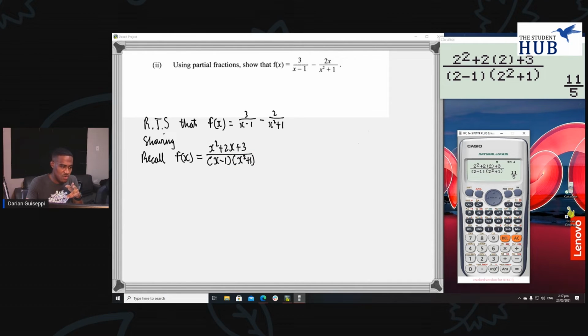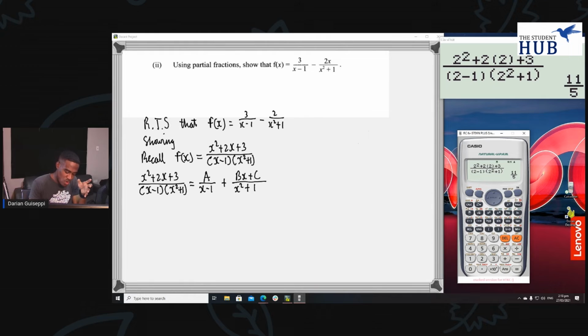Recall f of x is equal to this here, as I was saying, and we need to now indicate the corresponding fractions for each factor in the denominator. So let's go ahead and do that. This is what we would get here. For the linear factor, which is this here, the corresponding fraction is of the form A on x minus 1.